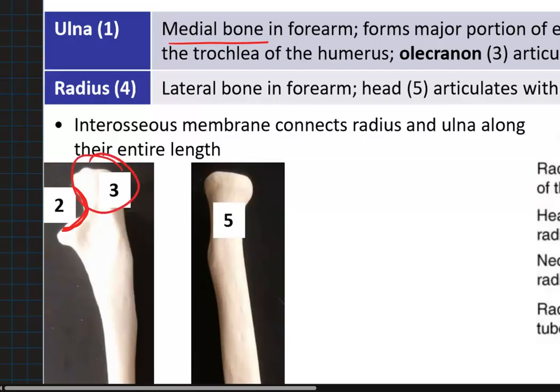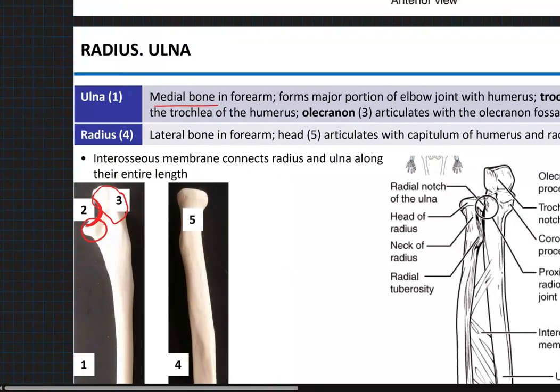This looks like somebody opened the mouth on that image, right? Lips. Anyway, that is the olecranon process that fits into the olecranon fossa. This is the coronoid process that fits in the coronoid fossa.